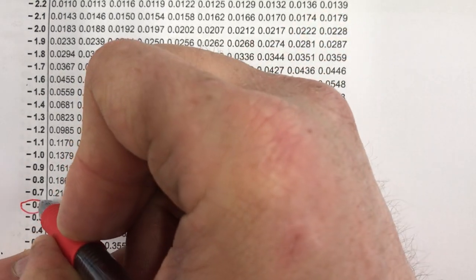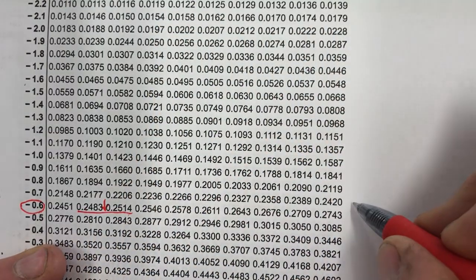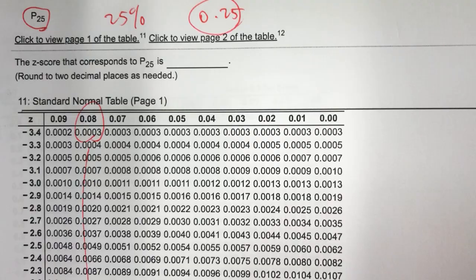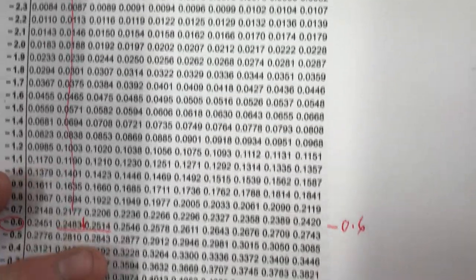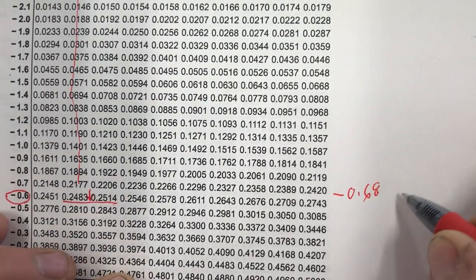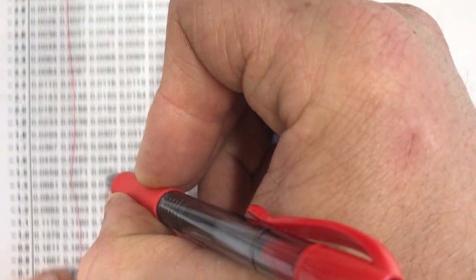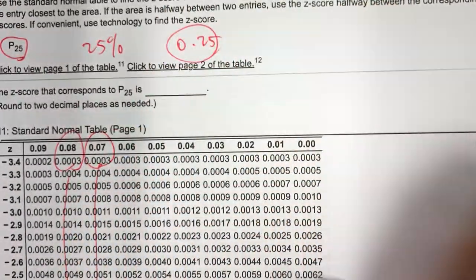So this is negative 0.6, negative 0.6, and if I come up here, that's an 8. So this is an 8, and then negative 0.6 on this one. If I come up here, that's a 7.